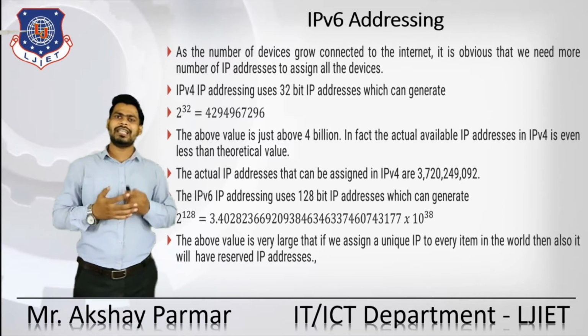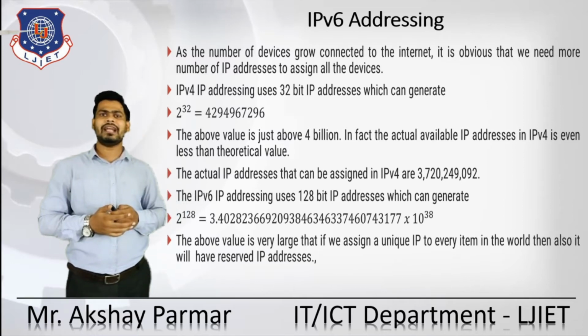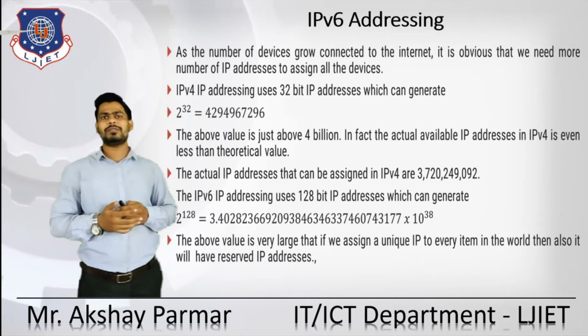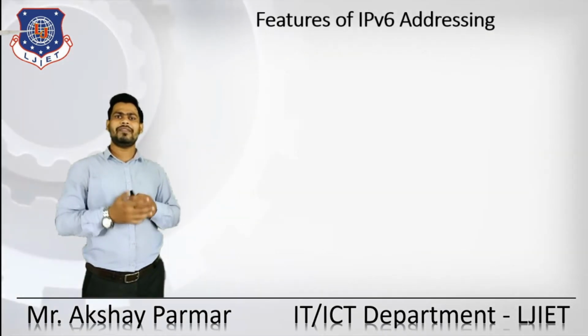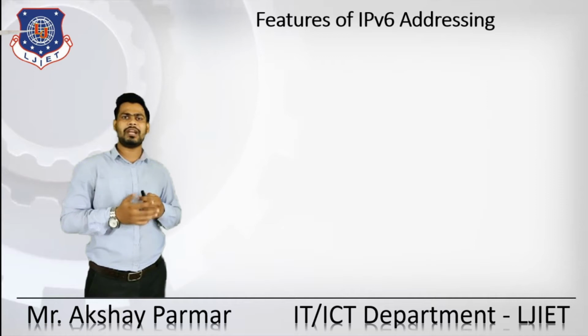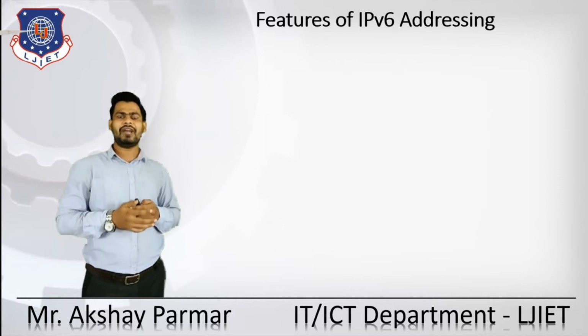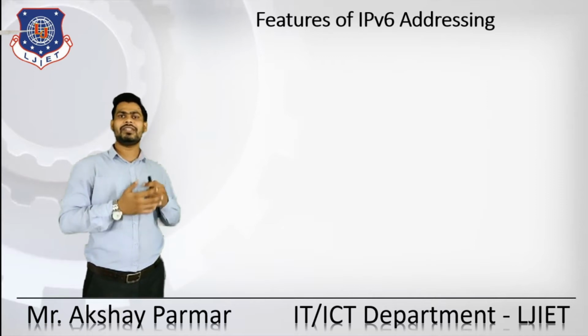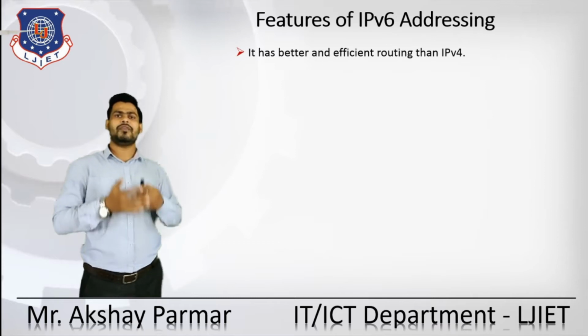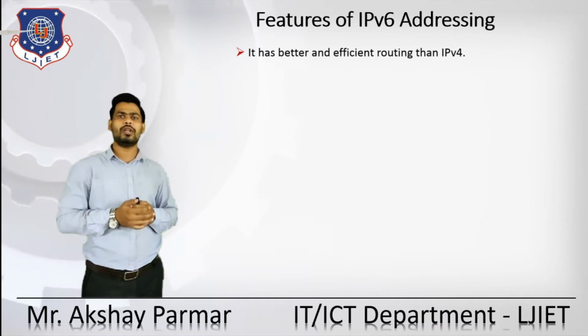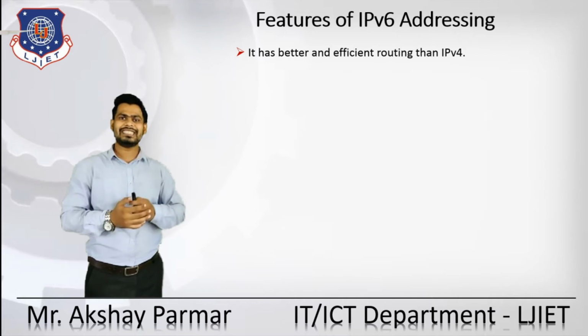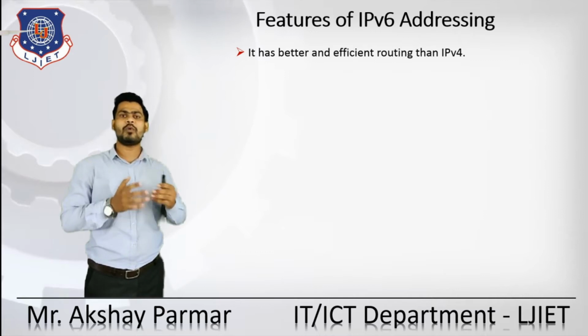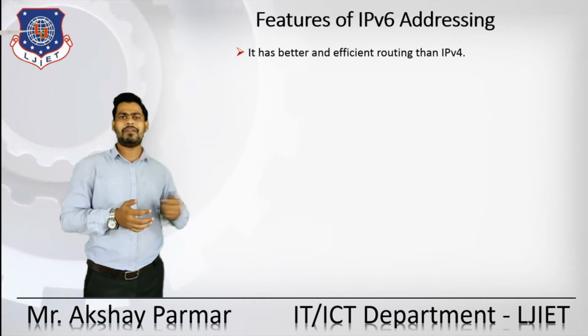Let's see some of the salient features provided by IPv6. IPv4 has some limitations, and IPv6 has some salient features above that. The first one is an efficient algorithm: IPv6 has better and more efficient routing than IPv4.